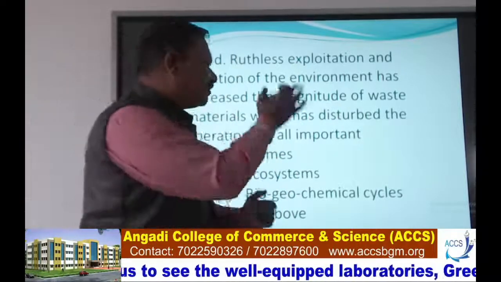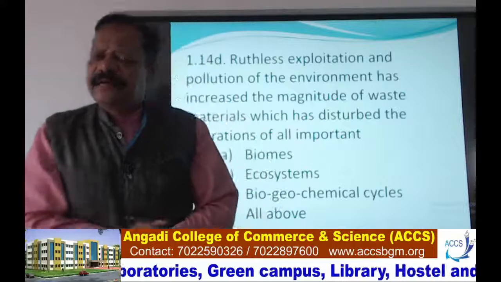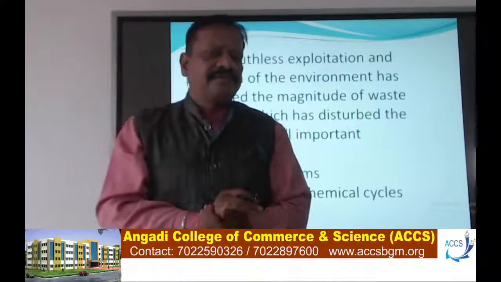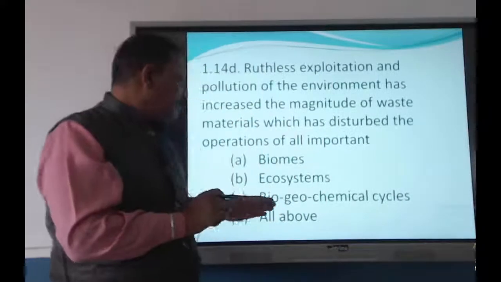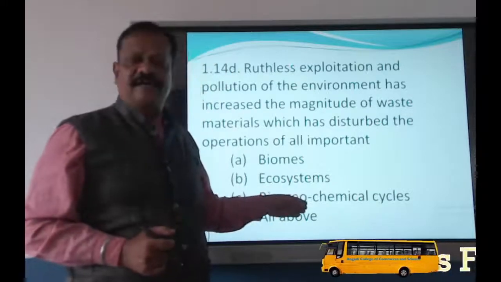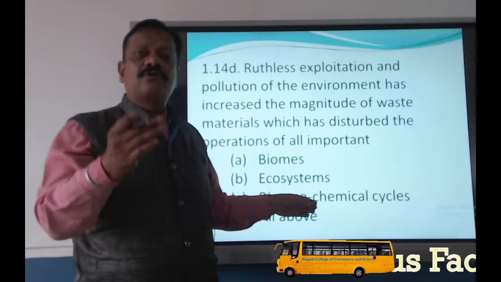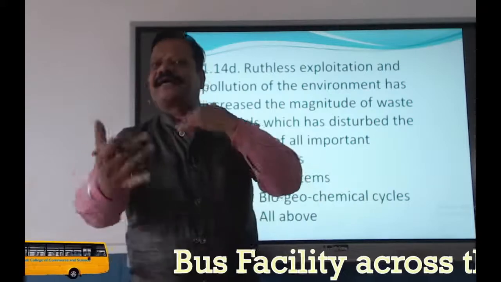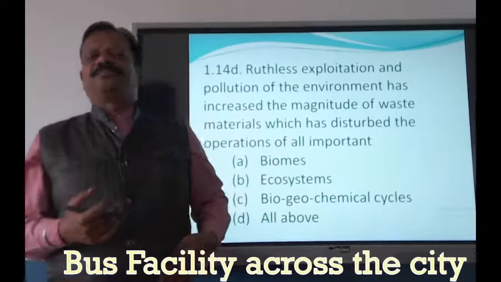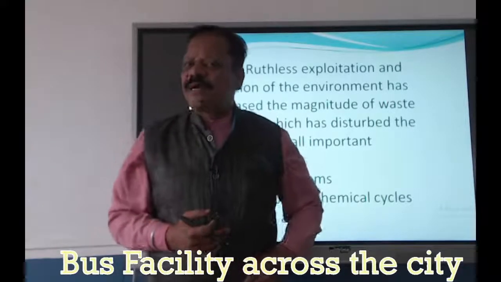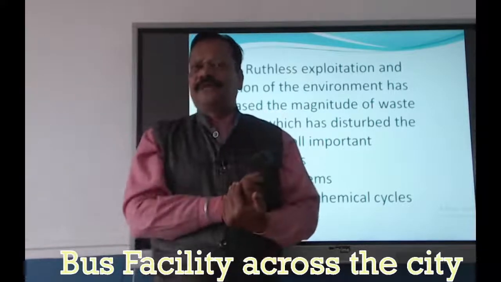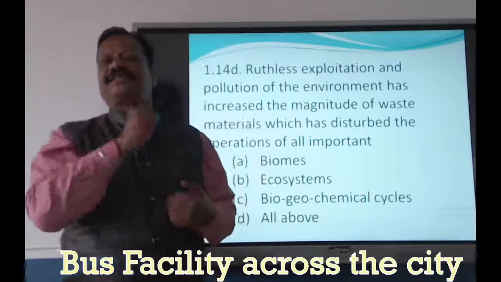Now, biogeochemical cycles. Here the atmosphere contains chemicals, and bio means life, and the atmosphere, including the earth, all together they are making the cycles. That is the exchange of gases. For example, the atmosphere contains carbon dioxide. The carbon dioxide is absorbed by the plants, and plants liberate oxygen.